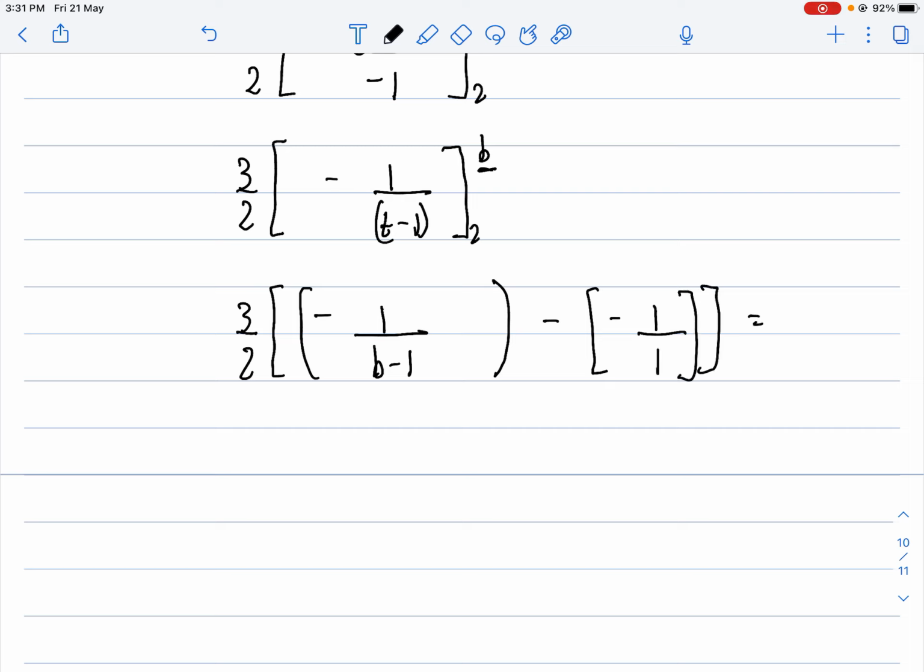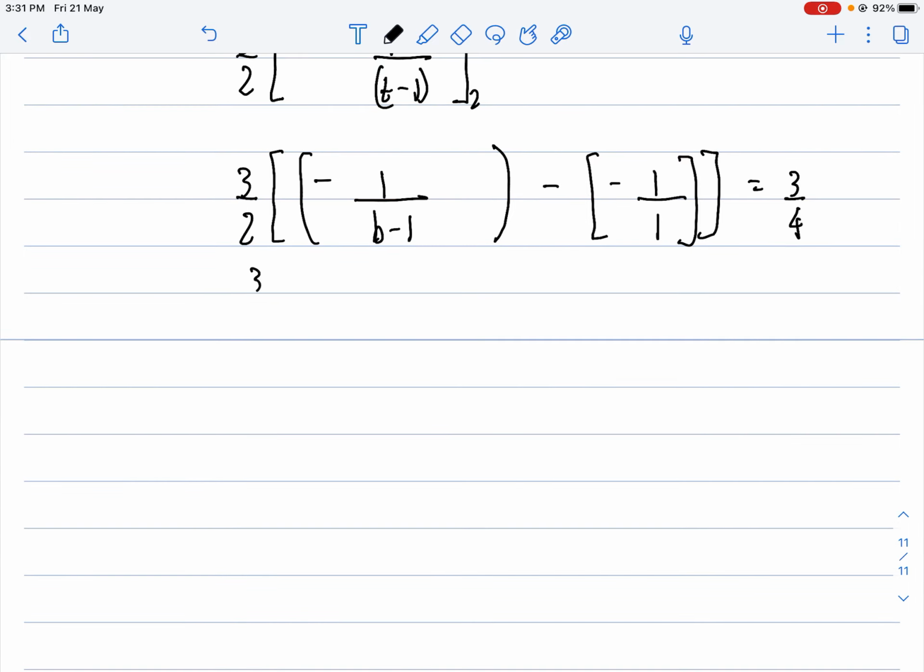And I know this is equal to 3/4. So I can basically write this as 3/2 with −1/(b − 1) plus 1 is equal to 3/4. Sorry, same mistake twice.